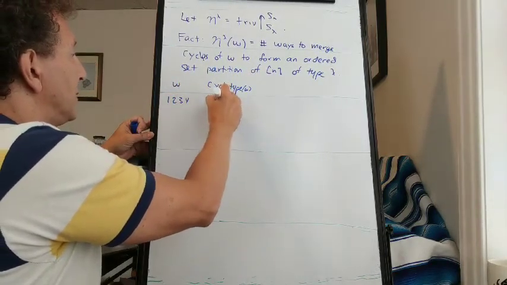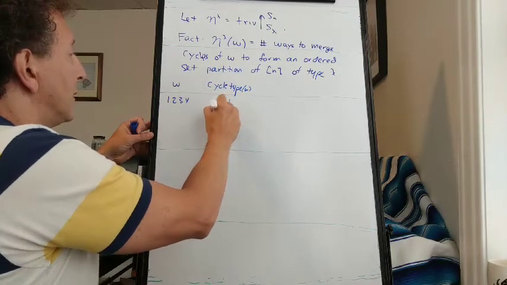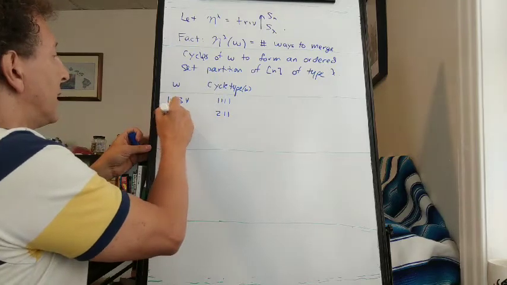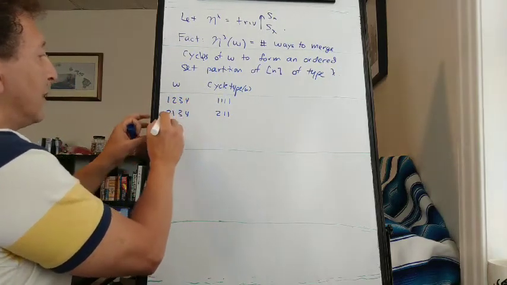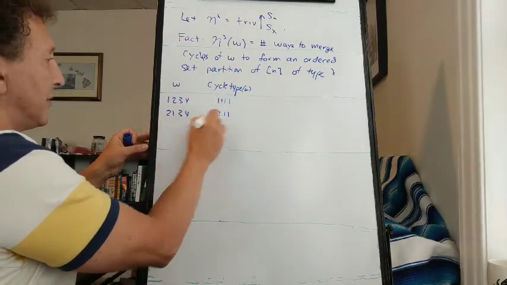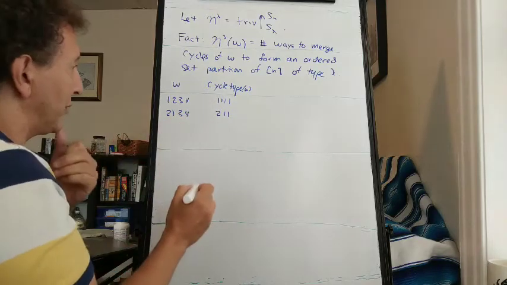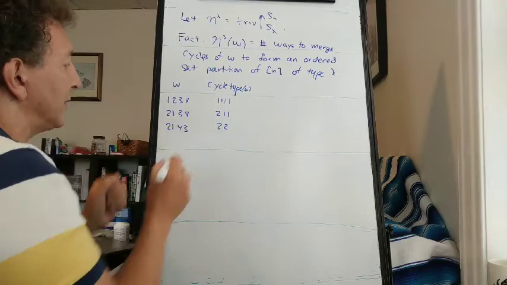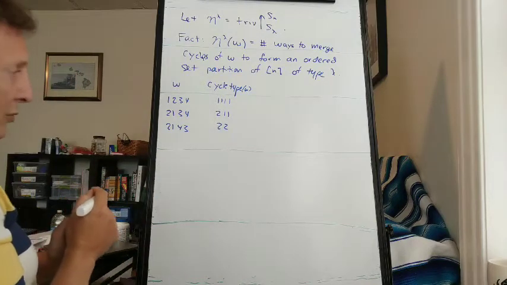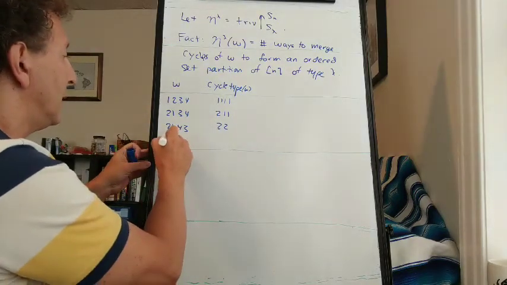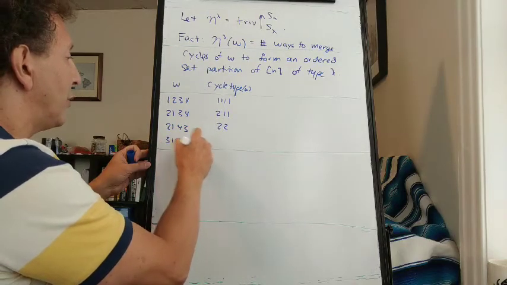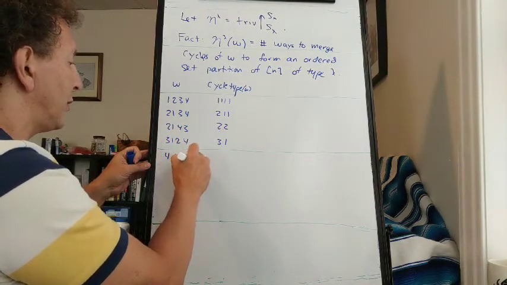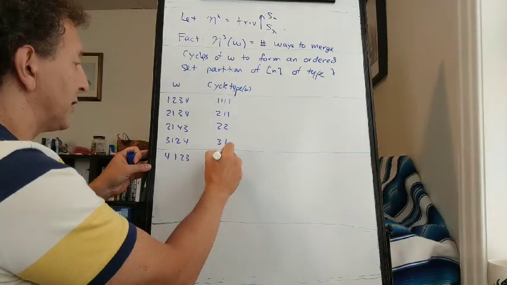We have the identity, which has cycle type 1, 1, 1, 1. And then if we want a permutation of cycle type 2, 1, 1, this is the 1, 2 cycle, so that's the 2, and then 3 and 4 form their own cycles. 2, 1, 4, 3 is a good permutation of cycle type 2, 2. 3, 1, 2, 4 is a good permutation of cycle type 3, 1, and 4, 1, 2, 3 is a good permutation of cycle type 4.